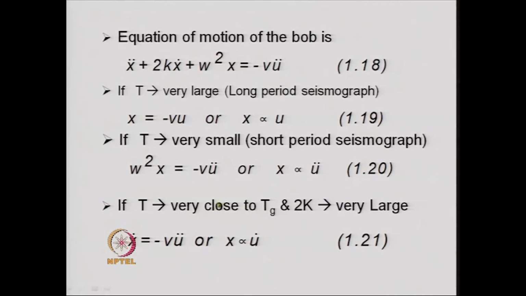Under a special case where the time period of the bob is very close to the predominant time period of the ground, and if the damping is also very large, then the traced quantity in the chart paper will be proportional to the ground velocity.